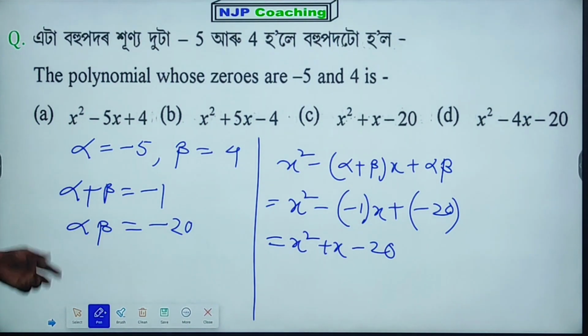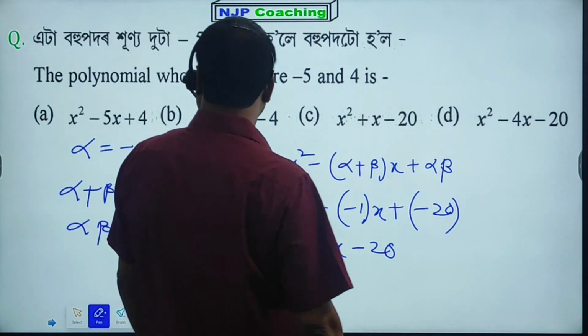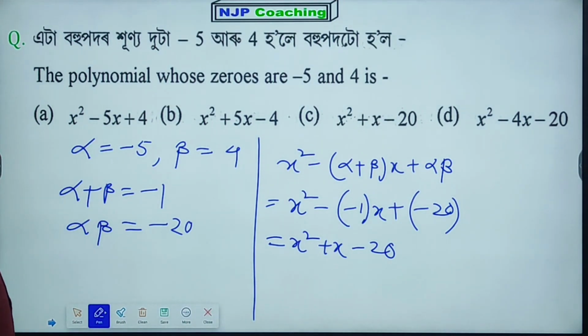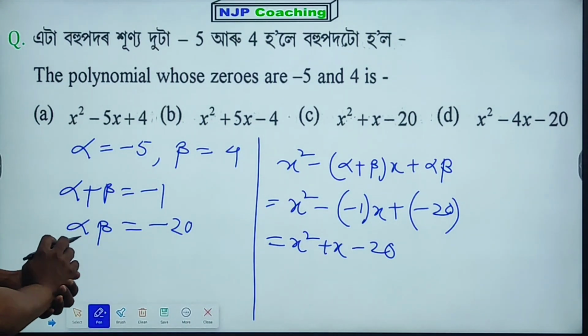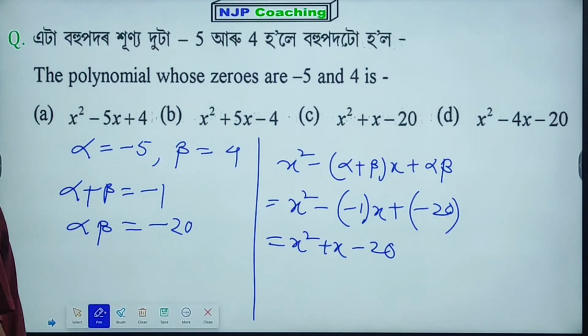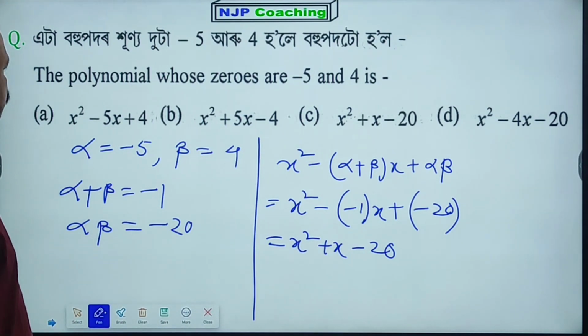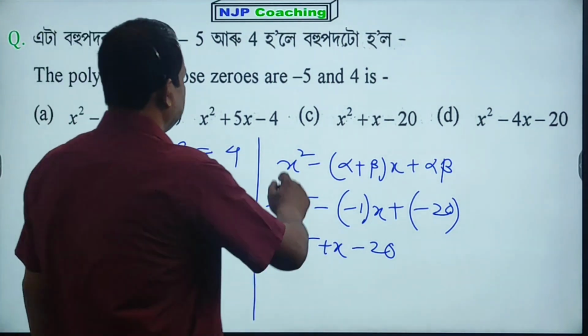So which one is the option? X square plus x minus 20, this one.